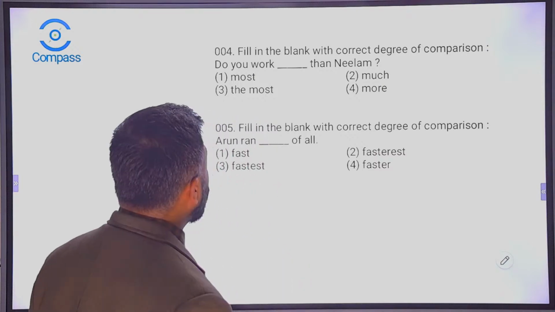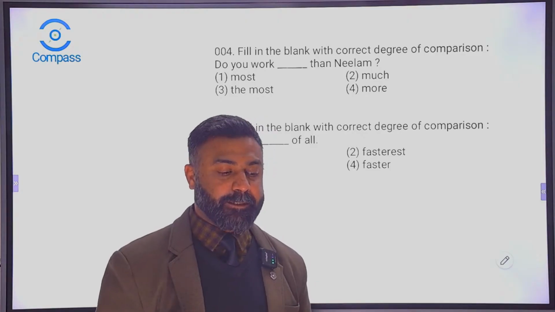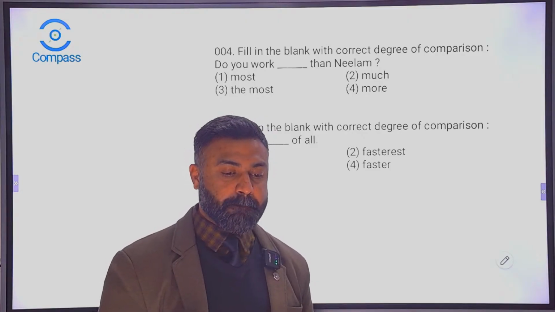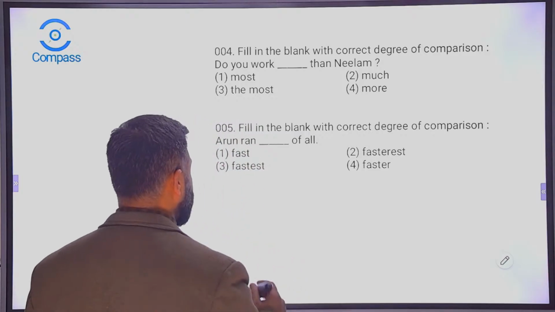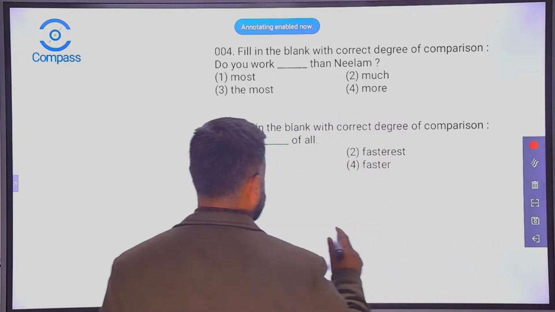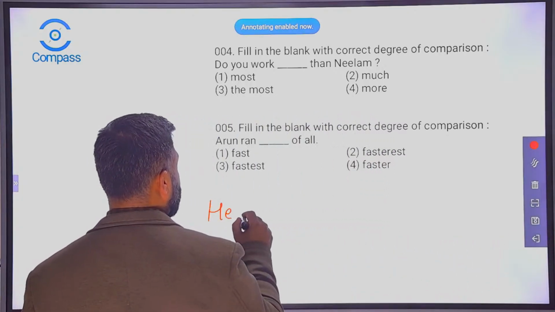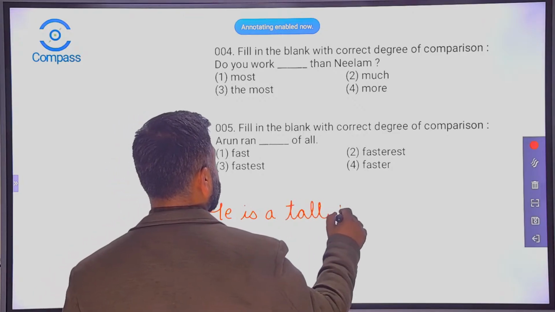Let's take an adjective. For example, let me write it down here. So he is a tall man.